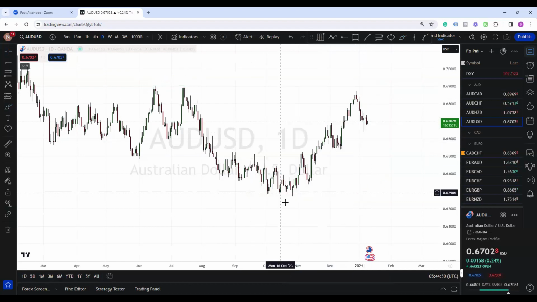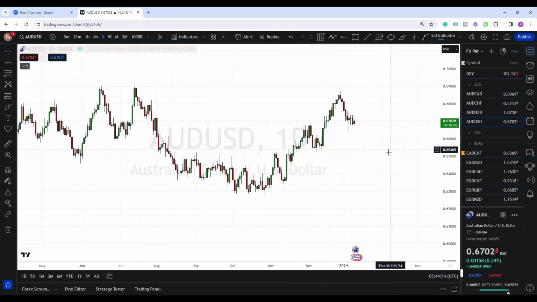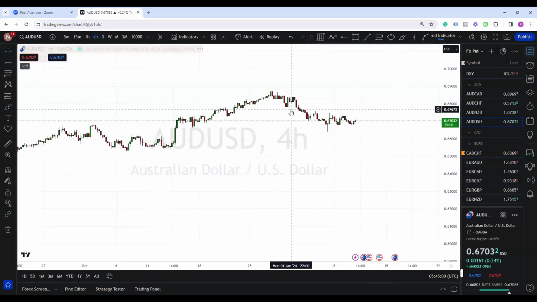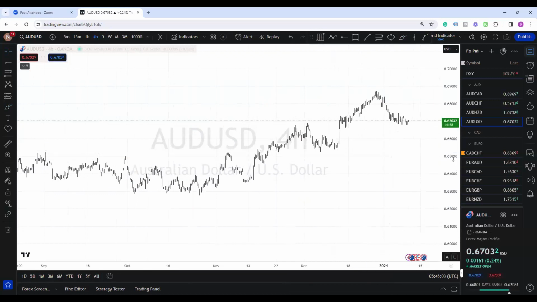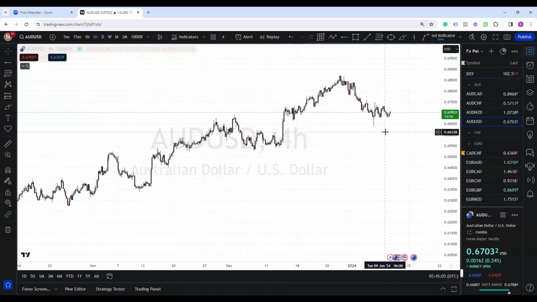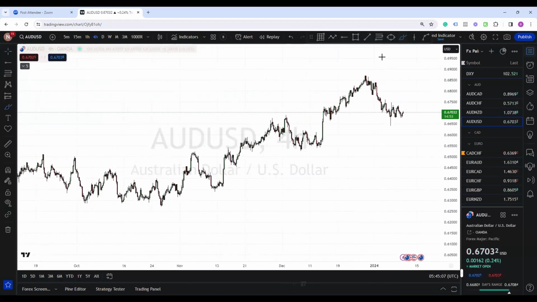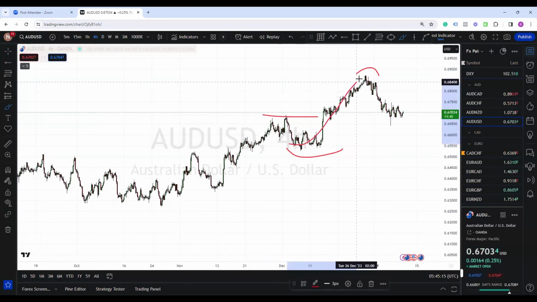Higher time frame, of course, we say it is bearish. We expect the price to come down. But here it is actually showing us a bullish structure, that price might want to go higher. It's not taken out yet. So now this price goes up, and this is a retracement to this up move.